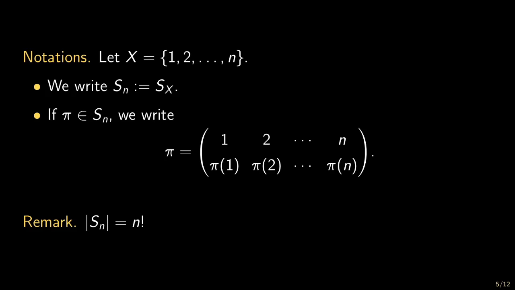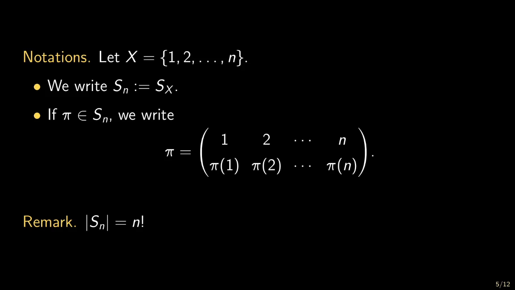They are just used to denote elements of an arbitrary finite set. Instead of writing S sub x in this case, we simply use the symbol S sub n. And if pi is a permutation in S sub n, we will use this notation, which is the notation used in abstract algebra.